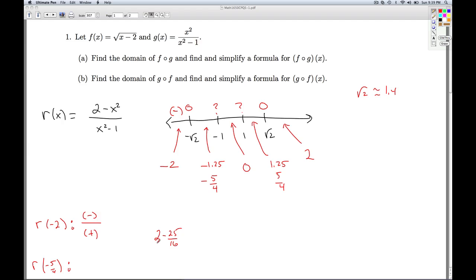I can think of 2 as being 2 over 1, so that's 32/16 minus 25/16. So I'm going to get a positive on top. If I plug negative 5/4 into the denominator and square it, I get 25/16, which is bigger than 1. That's positive as well. So I get a positive in there.